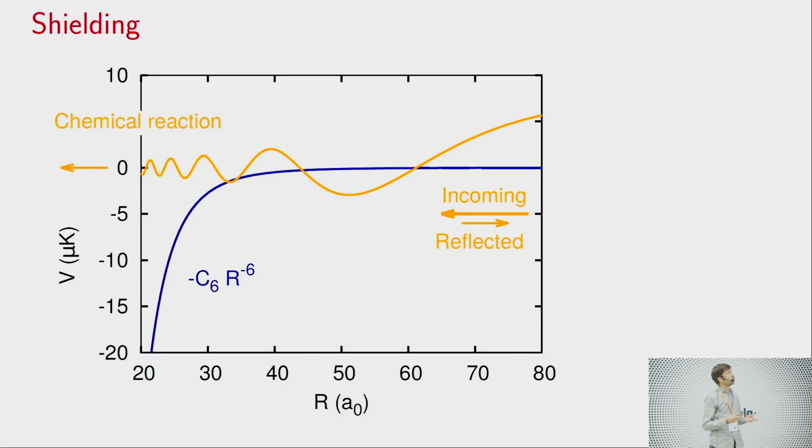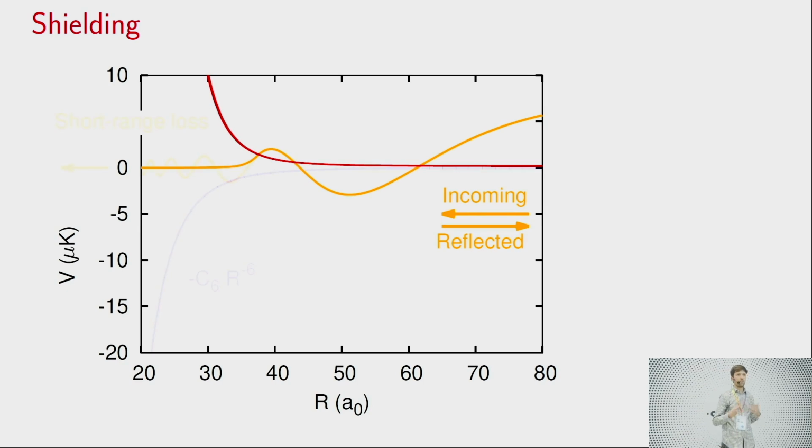But again, as Jeremy mentioned, we can deal with this by controlling long-range interactions. The idea is to swap out this attractive van der Waals interaction for some sort of repulsive potential that prevents molecules from coming close together and prevents this collisional loss, no matter what causes it.